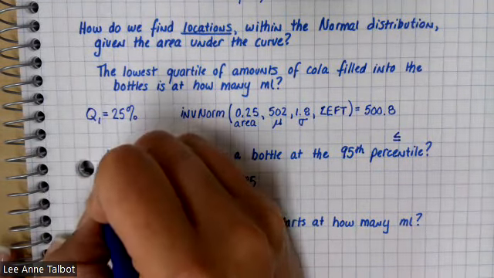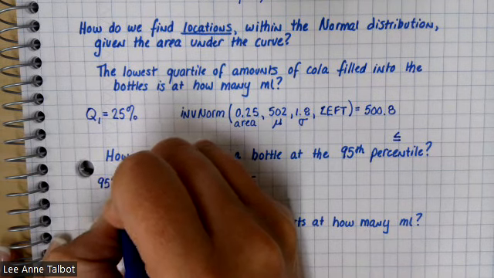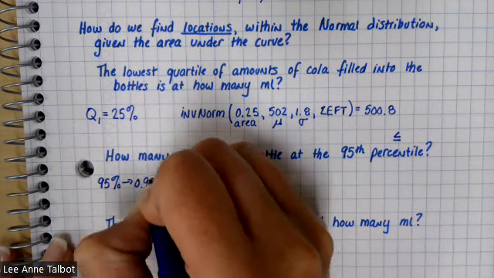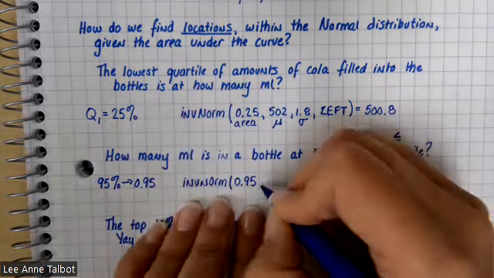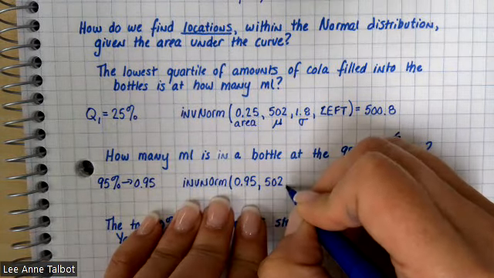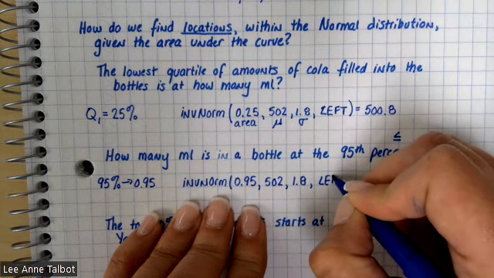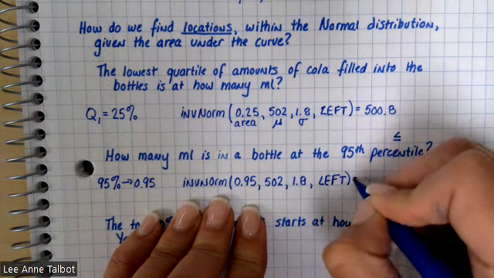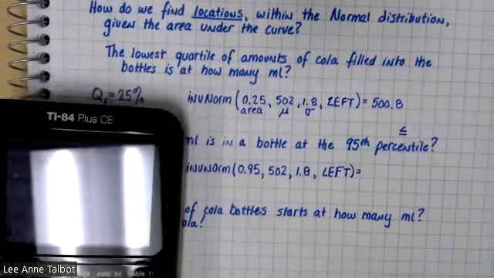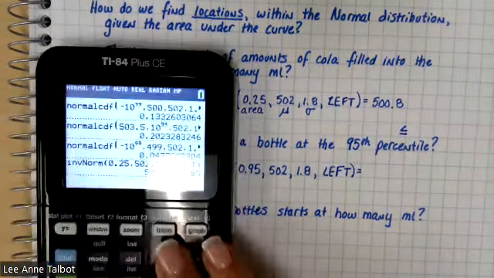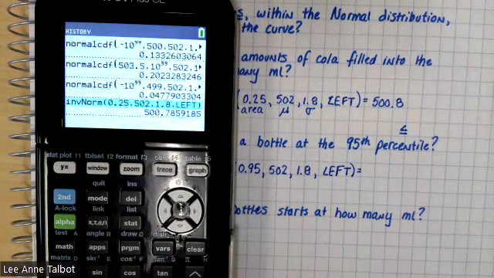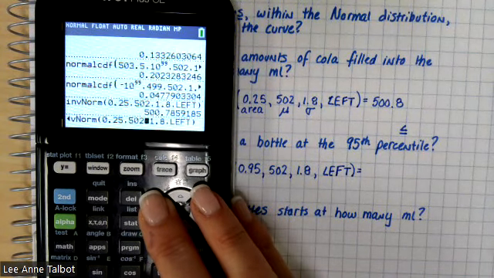If you want to, you can write 95th percentile, 0.95 over here. 502, 1.8. It's left because it's got the word percentile, which means less than or equal to. Are you guys getting it? You're okay? And then I'm going to be really lazy, scroll up, hit enter, and change that 2 to a 9.